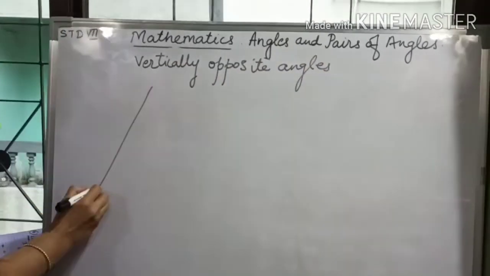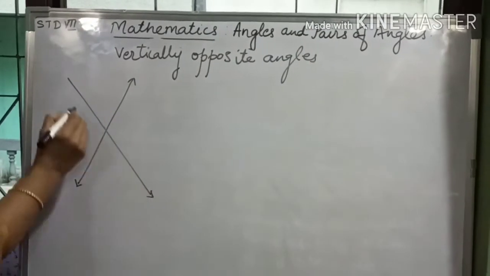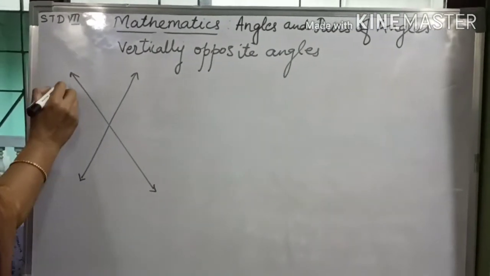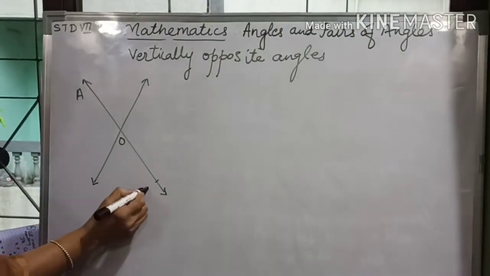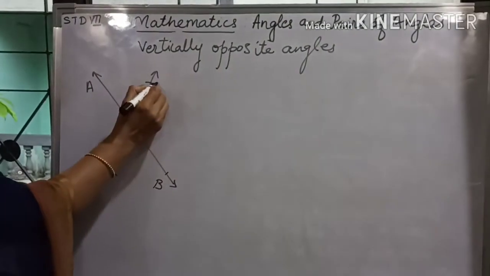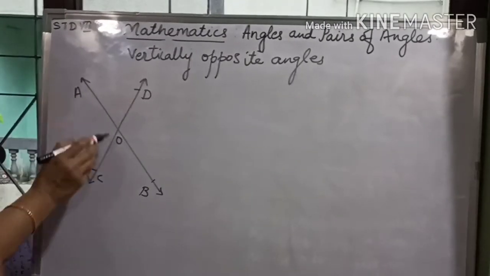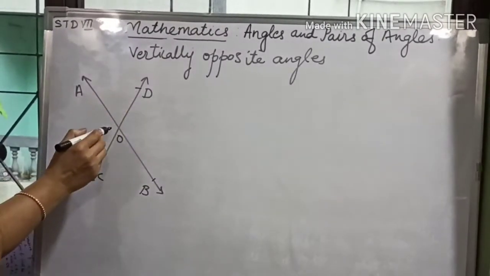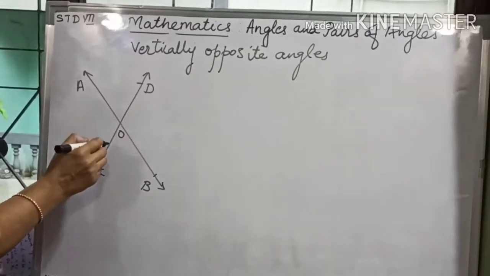Now let's draw this figure. A, O, B. Let name this as CD. Here line AB and line CD intersect each other at point O. Four angles are formed.